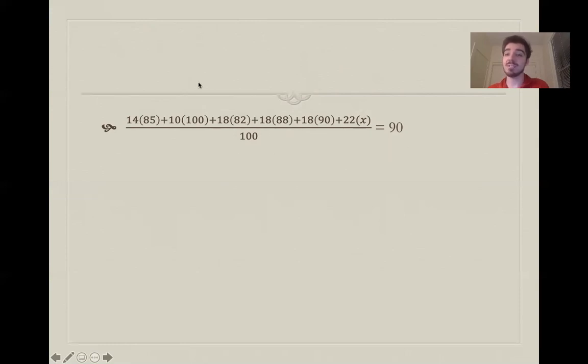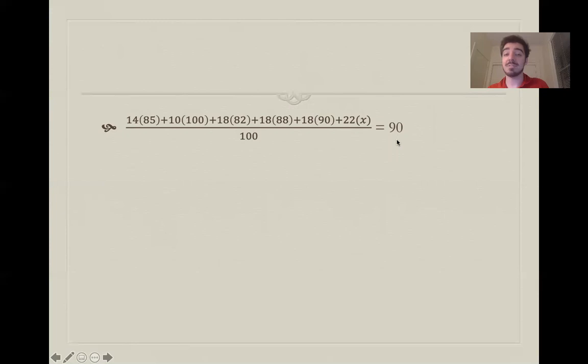Because this calculation is, we're pretending like it's being made after your final exam, right? If we know your score was x, right, then that 22 weight needs to be included down here so that we're dividing by 100. Right? So we're hoping that after this calculation, we will get a 90, right? We need an x that leads us to get a 90 here.